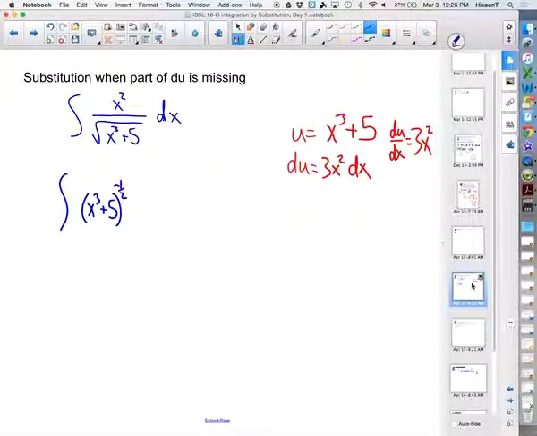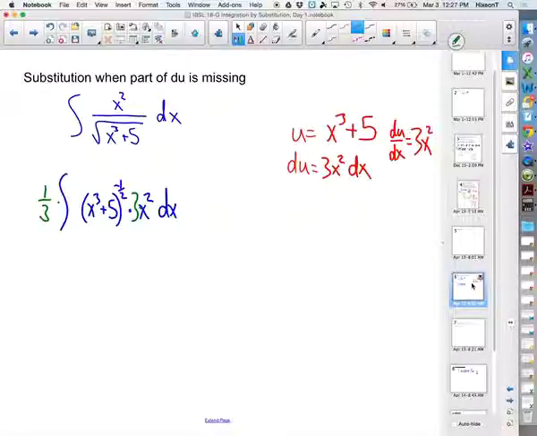And then that's times x squared dx. Would you multiply 3 inside and 1/3 on the outside? Exactly. Yes. I'm going to multiply by a 3 on the inside and a 1/3 on the outside. So I'm just multiplying by 1 here.